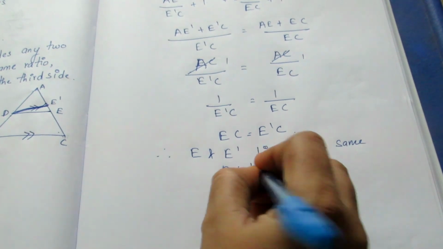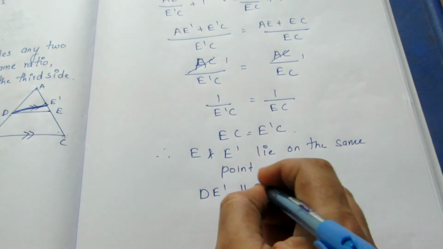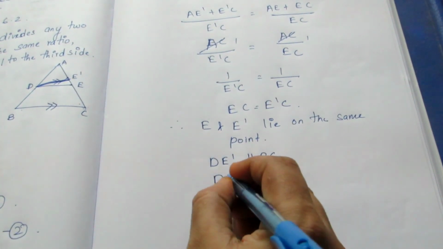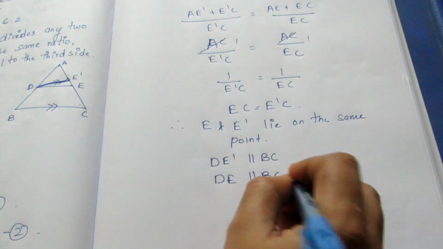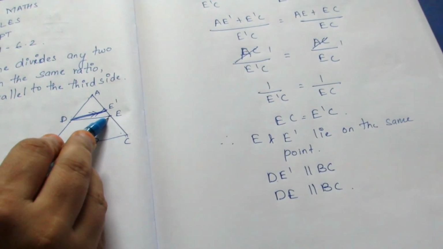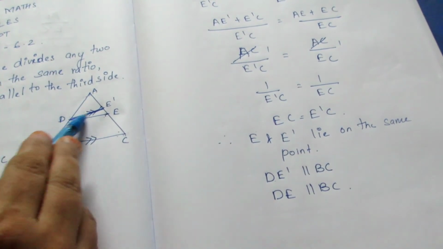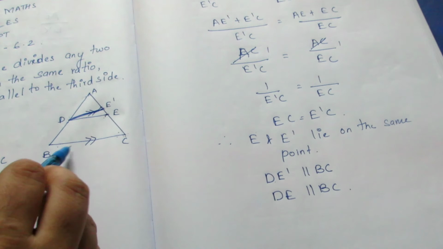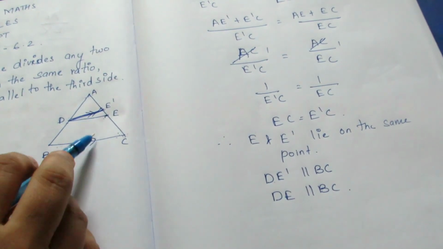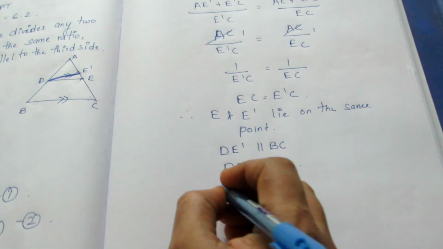We have constructed that DE dash is parallel to BC, which means DE is parallel to BC. If this is E dash and this is E, that means this will be parallel to this, because we know that DE dash is parallel to BC and the two lines are on the same point. So this is what we needed to prove. So we have proved it.